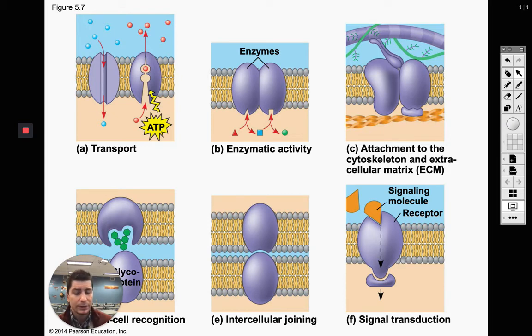Since we found that they are so specific to things they are going to let pass through, we found that there's a lot more proteins than we originally thought. So there is a lot of phospholipids, but there's also a whole mess of proteins to go along with it.